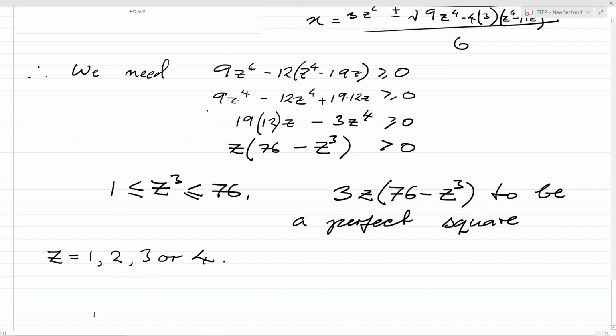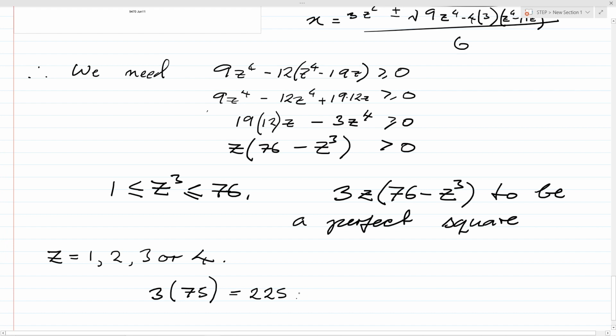So what we do first is we check when z is 1. What do we get? Well, 3 times 1 is 3, and then we have 76 subtract 1, which is obviously 75. 3 times 75 will be 225.